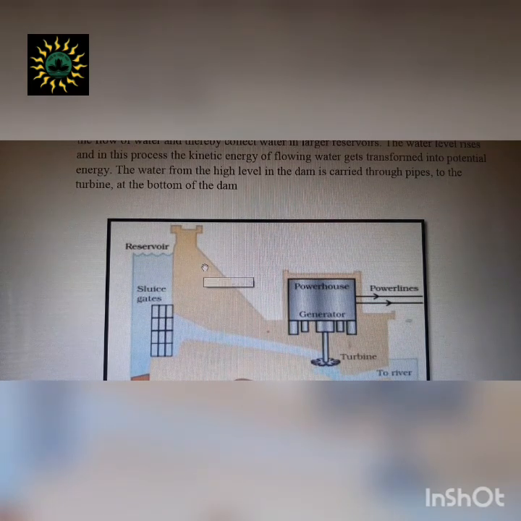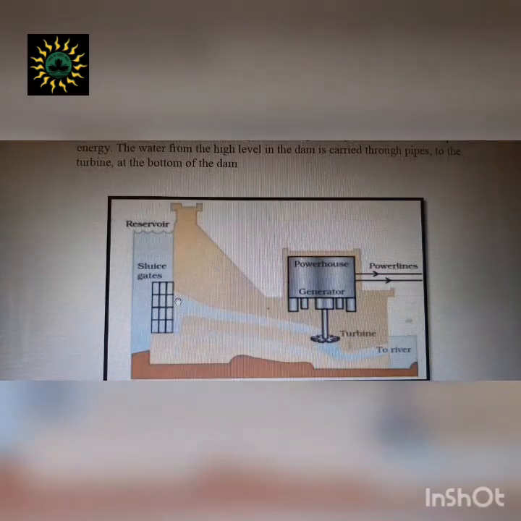In order to produce electricity, a high-rise dam is built to stop the flowing river water. This dam is constructed to obstruct the flow of the river, and at the midpoint of the dam there is a provision of sliding gates or valves which control the flow of water.